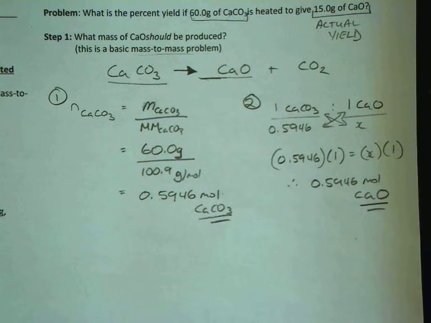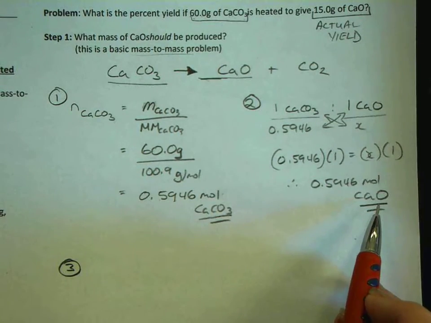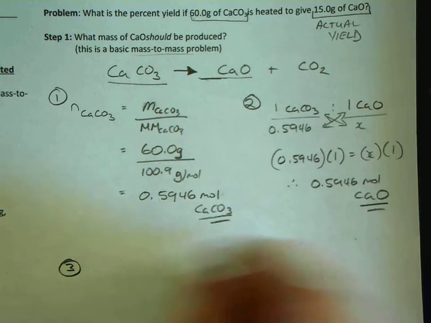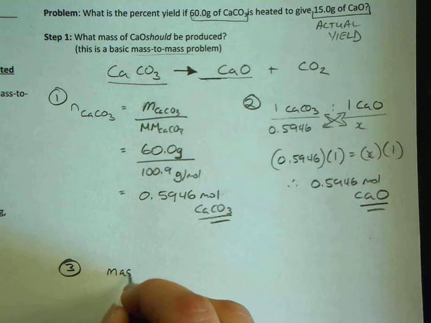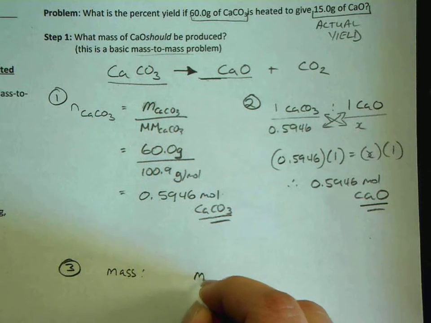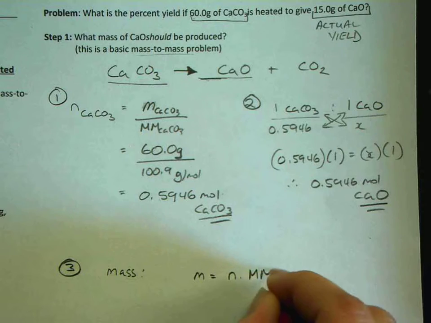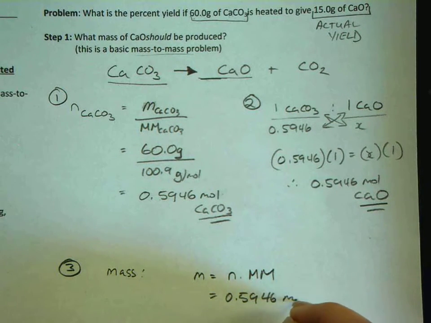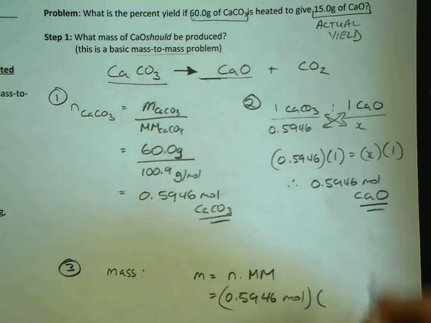All right, are we done yet? No. Step 3. In step 3, we need to take our moles of calcium oxide and make it into, sorry, not moles. I want grams. I want mass. To get mass, mass is equal to the number of moles times the molar mass. So my moles is 0.5946 moles. And the molar mass of calcium oxide happens to be 56.